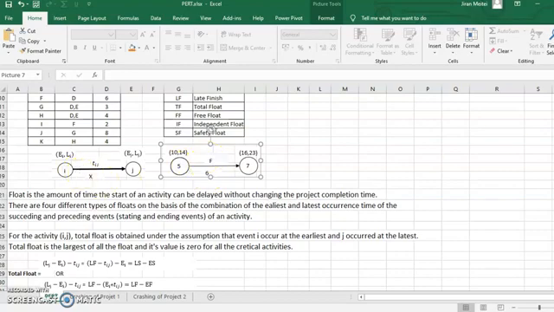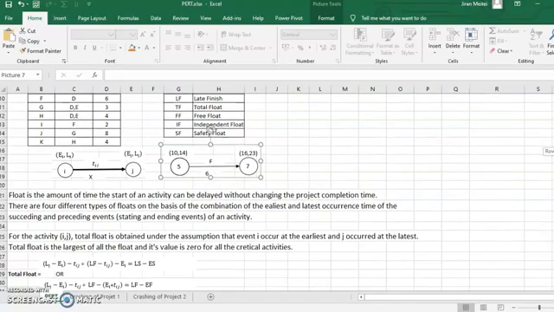Your X is now F. If you want to compute the total float for this, the total float is computed under the assumption that the succeeding event occurs at the latest and the preceding event occurs at the earliest, which means 26 minus 10 minus 6 will give the value of the total float.